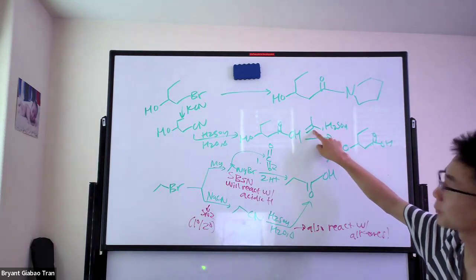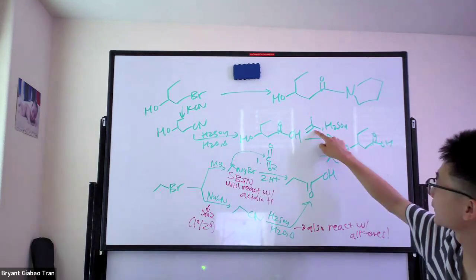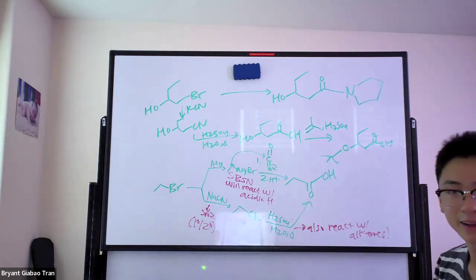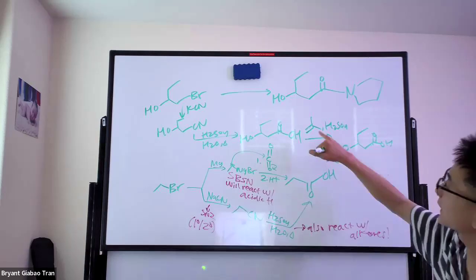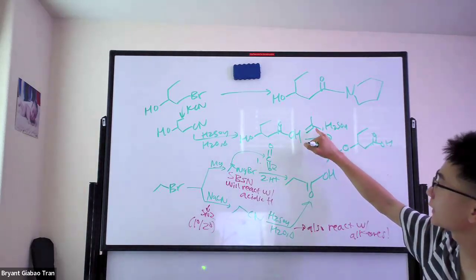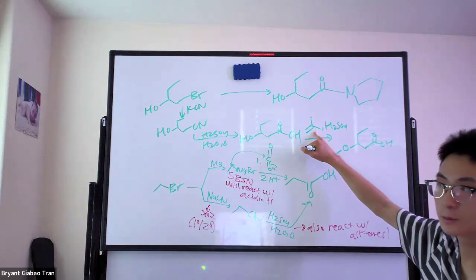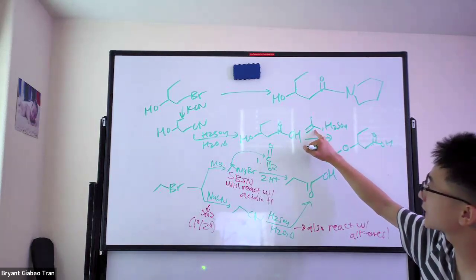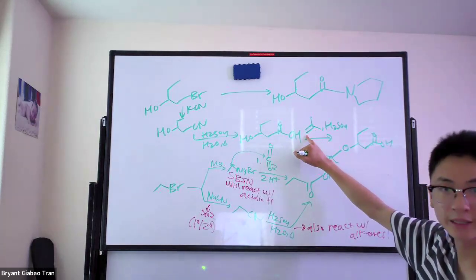Which carbon gets protonated? The one on the left or the one on the right? The one on the right is tertiary, so we want the carbocation there, right? If we want a carbocation there, we want that to lose a bond. So to make that lose a bond, the one on the left gets protonated, right?